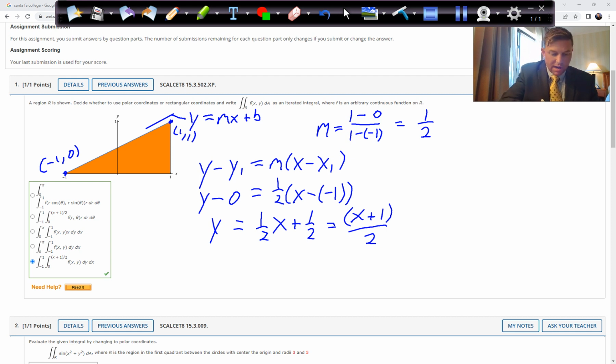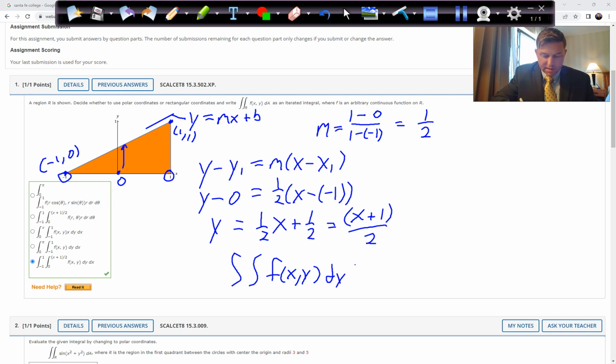So we're going to have y varying from 0 to this line, and we're going to have x varying from minus 1 to 1. So the integral is going to be this function, which we don't know what it is, the overarching function that's going to give us a volume above this shape. And we're going to have dx dy, it actually doesn't matter. I think in the answer they have dy dx.